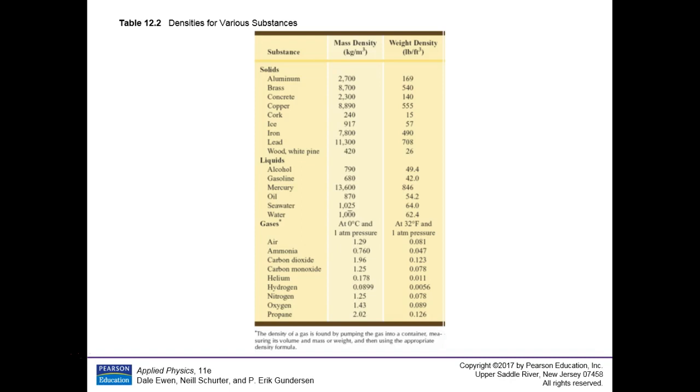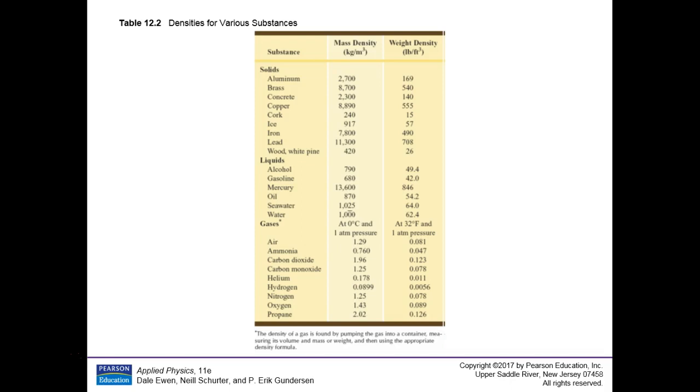Now, gases. You have to specify not only what gas you're talking about, but also what temperature and pressure it's at. So we're going to use the freezing point of water and 1 atmosphere of pressure: 0 degrees Celsius or 32 Fahrenheit. Normal air, which is a mixture of all sorts of gases, is very light. Ammonia is even lighter.